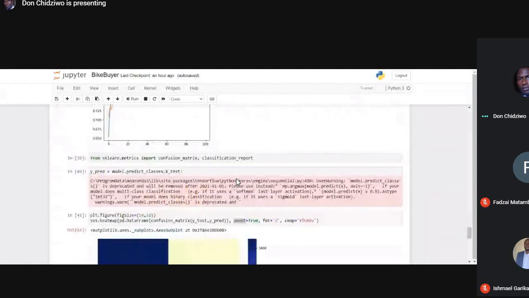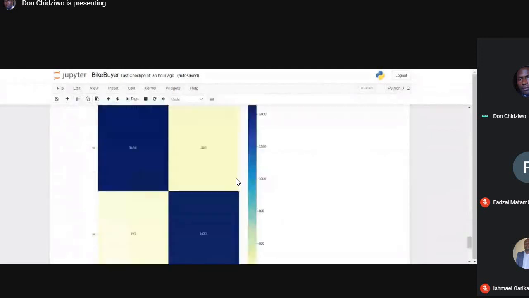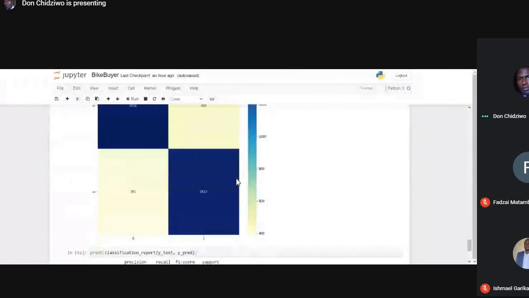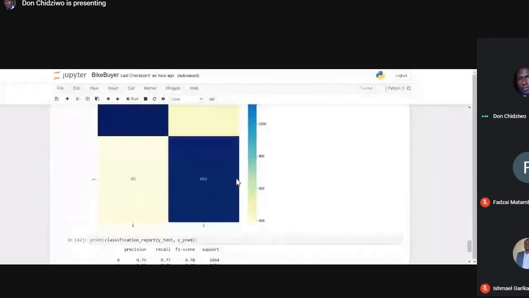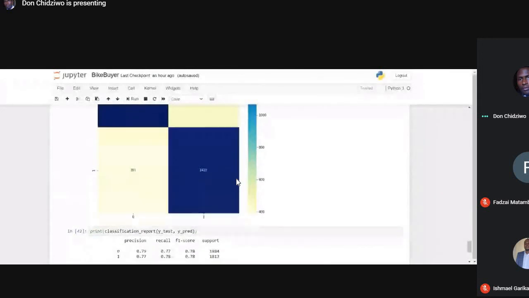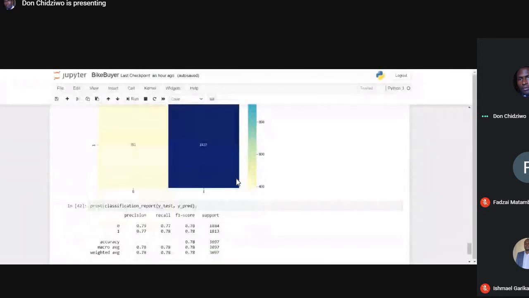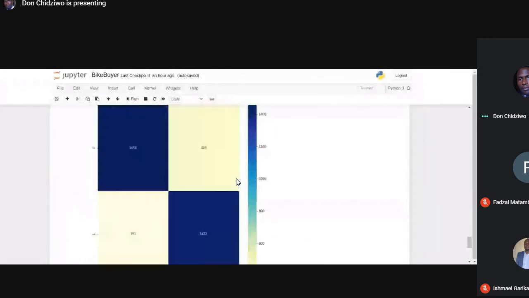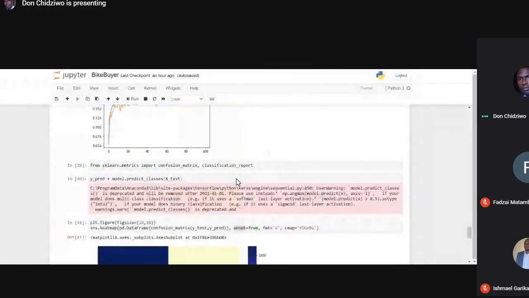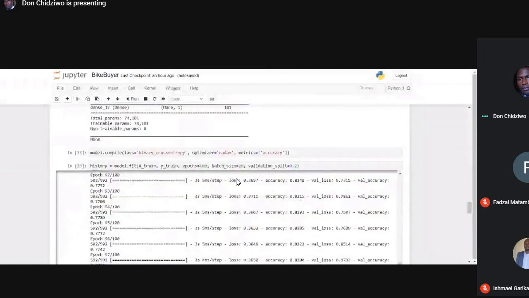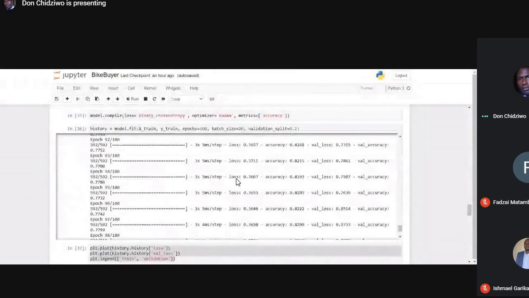And also, maybe if you scroll up, on those two graphs, what exactly should we be looking out for?